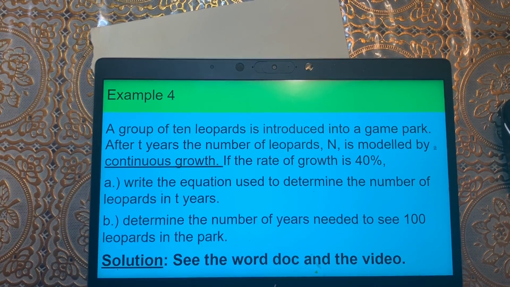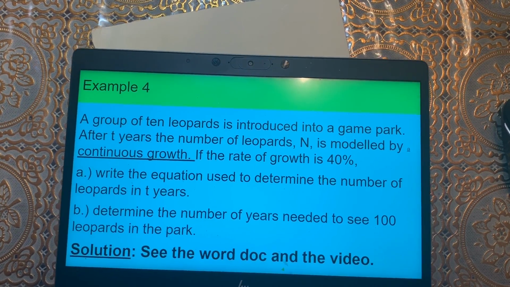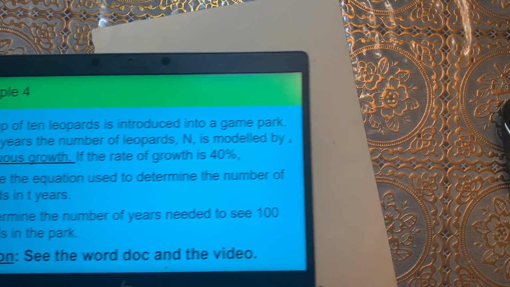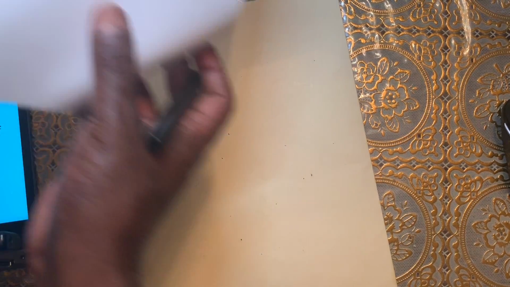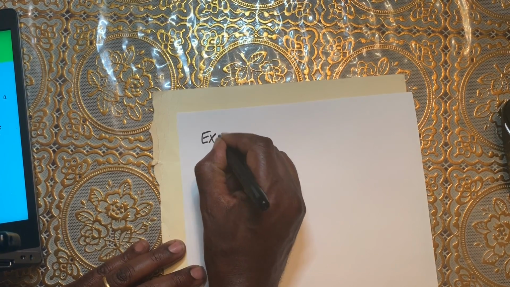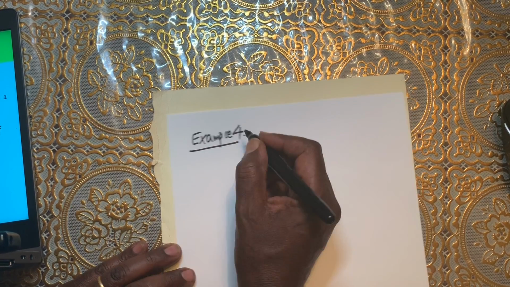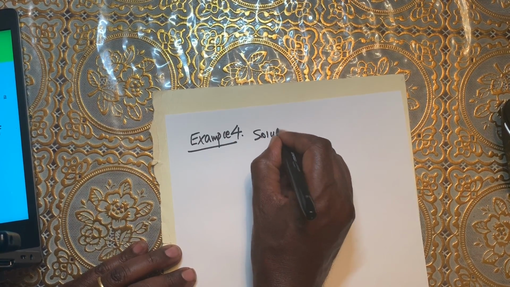Okay, so first there were 10. The growth rate is 40%. It is continuous growth. So how are we solving this? Example 4. Solution again.